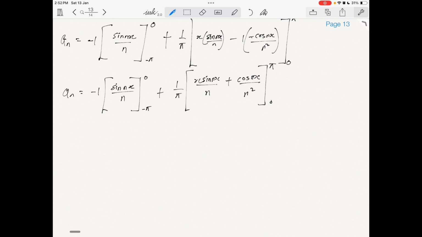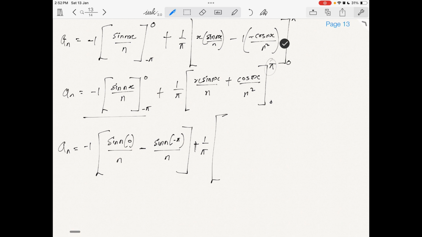Now it's time to introduce our upper limit and subtract our lower limit. We can see that we have two functions to introduce upper and lower limits in. Starting with the first, we have minus 1, introducing upper limit of 0 into sin nx over n. We have sin n times 0 over n minus sin n times minus pi over n, plus 1 over pi.